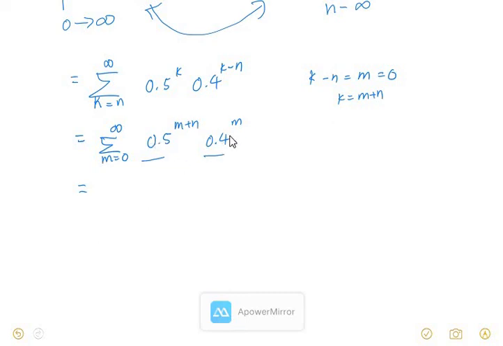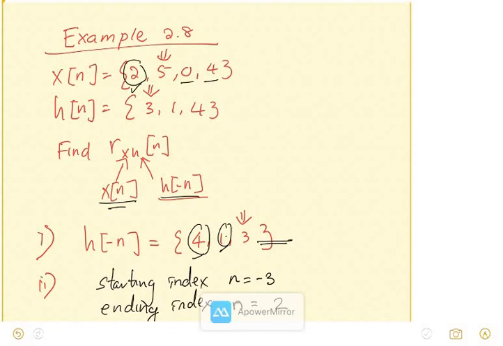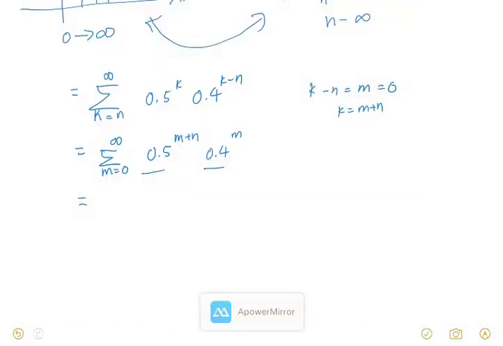So the summation from m equals 0 to infinity of 0.2^m, times 0.5^n. When you refer to the series and sequence table, you get 1 over 1 minus 0.2, times 0.5^n, which is just a constant.